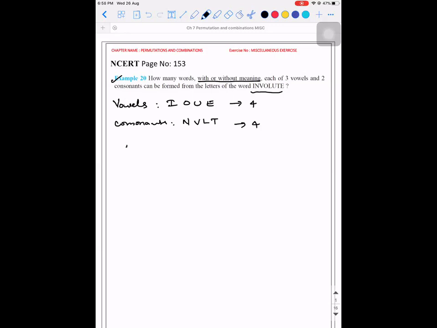So out of the 4 vowels available, what are we supposed to do? Here, do we need to apply combination or permutation? From here you will understand. What is the keyword? Words can be formed. Formed means combination, sir? No, formed is permutation. Formed is permutation means you are arranging something. Okay.